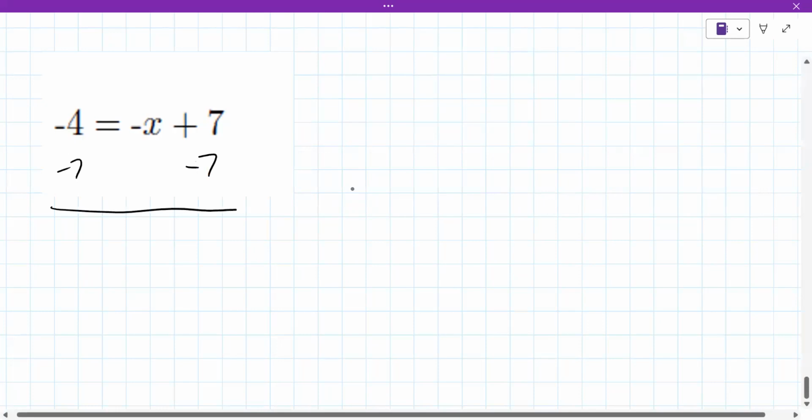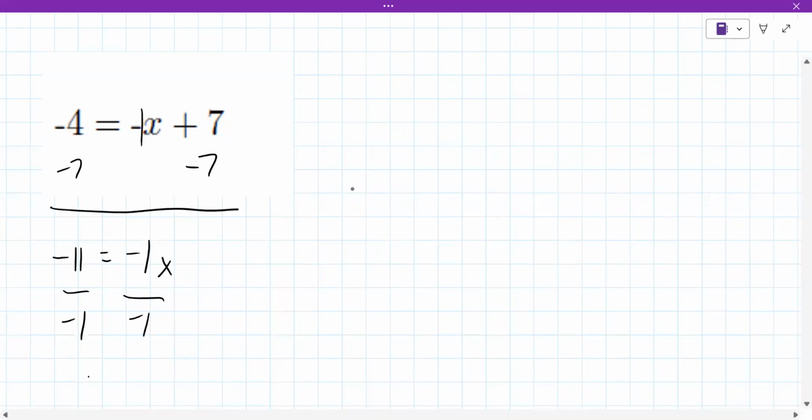You subtract 7 from both sides, negative 11 equals negative 1x. Divide by negative 1, x equals 11. Very good.